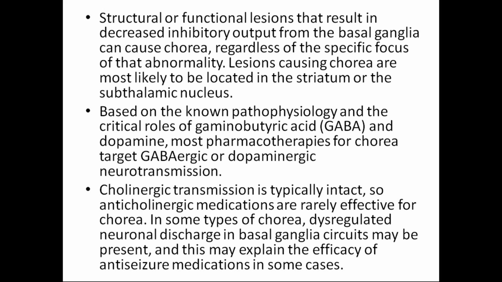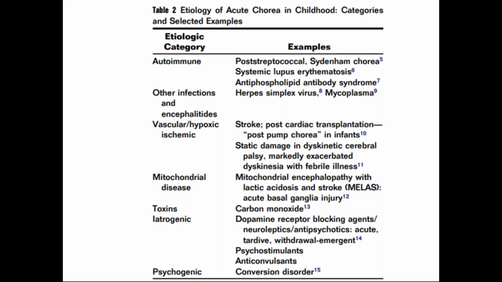Cholinergic transmission, the excitatory one, is typically intact, so anticholinergic medications are rarely effective in chorea. In some cases, dysregulated neuronal discharges in basal ganglia circuits may be present, and this may explain the efficacy of anti-seizure medications. When the cortex is involved and causing your chorea, anti-epileptics may be helpful.